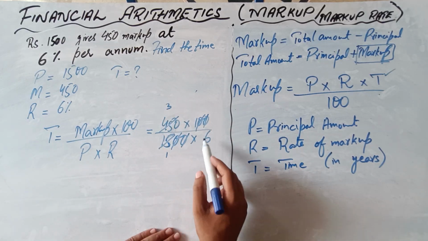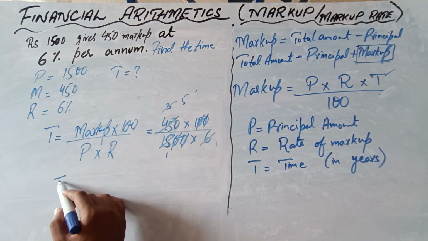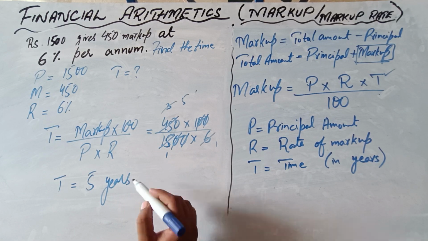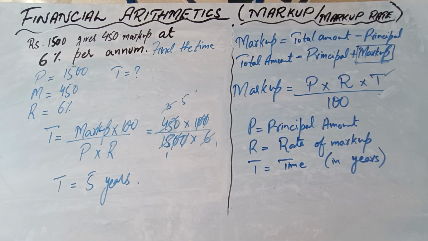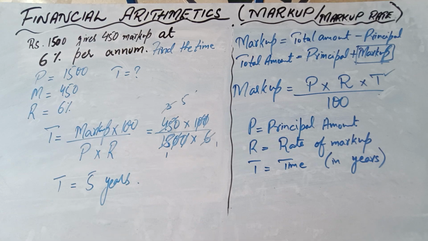So 30 upon 6, 6 ones are 6, 6 fives are 30. So time is actually 5 years. It means in 5 years, if we invest 1500 rupees, we will earn 450 rupees markup at 6% rate.